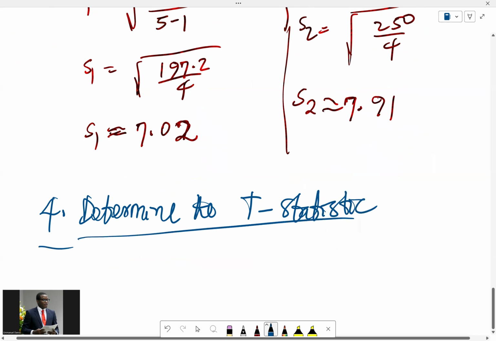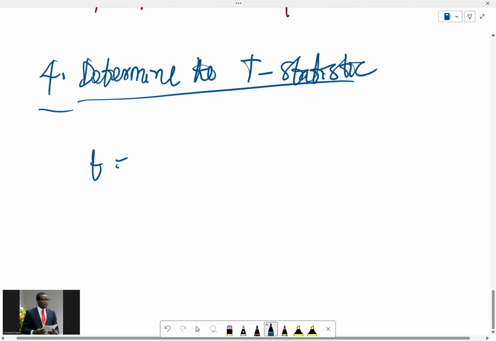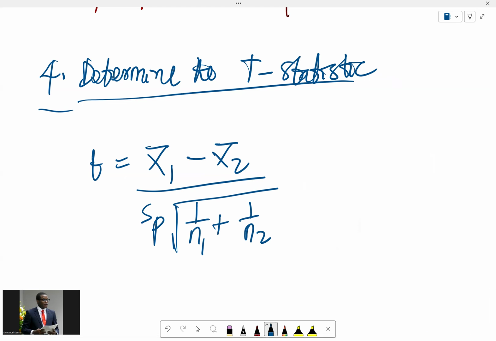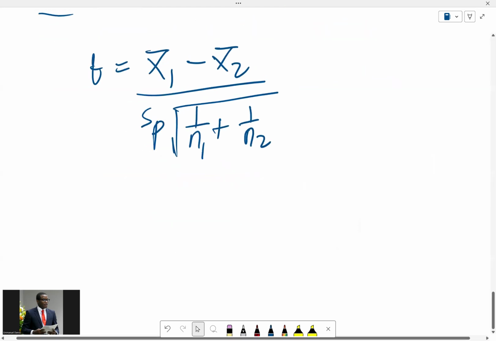The t-statistic formula is t equals x1 bar minus x2 bar divided by sp times the square root of 1 over n1 plus 1 over n2. And here, sp is the pooled standard deviation.